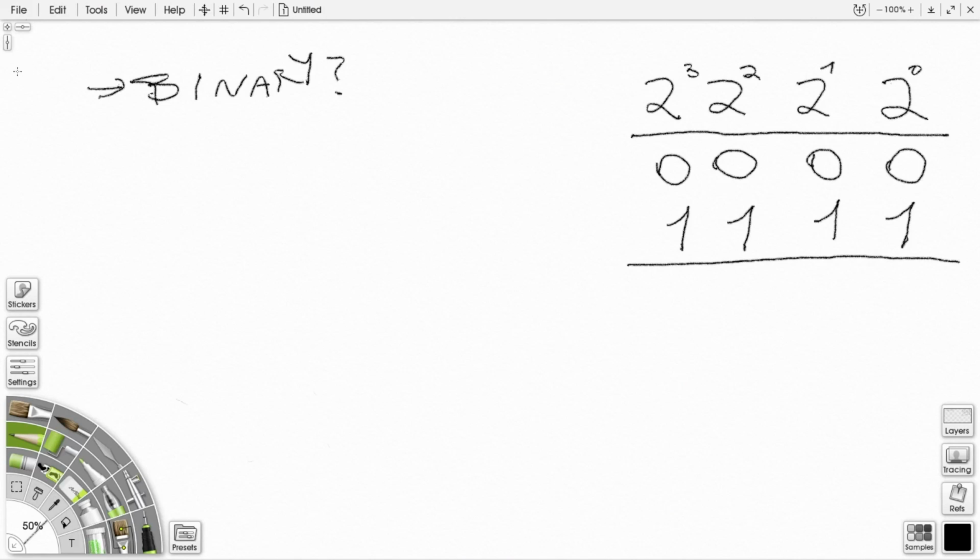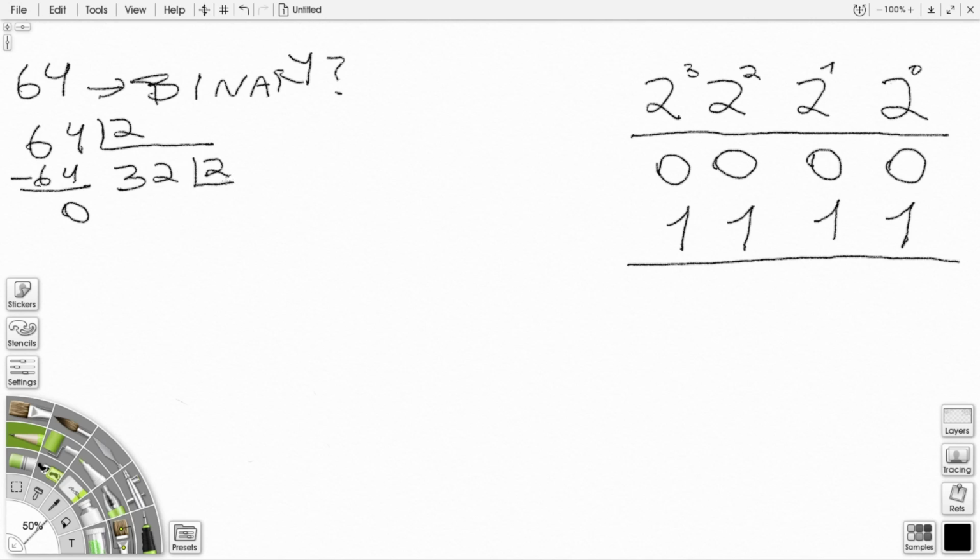Let's try now 64. 64 in binary. I don't know if you guys are noticing an interesting pattern here. So 64 divided by 2 is 32, remainder 0. 32 divided by 2 is 16.